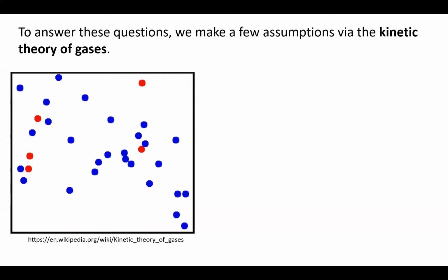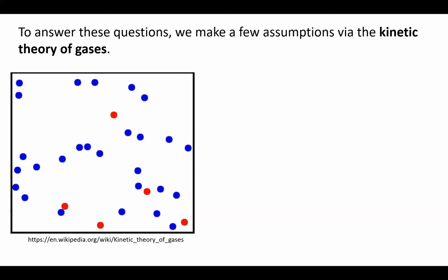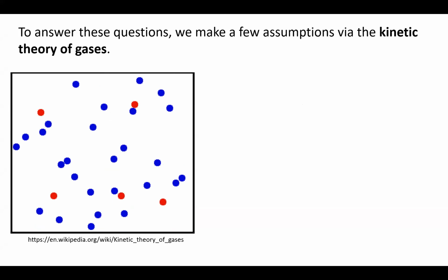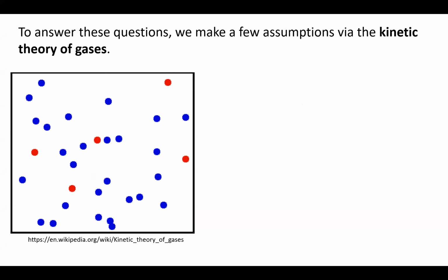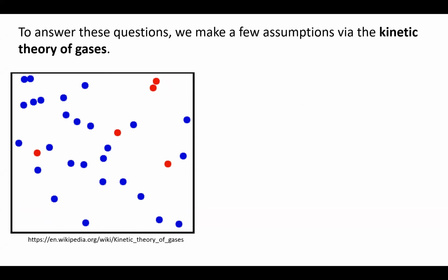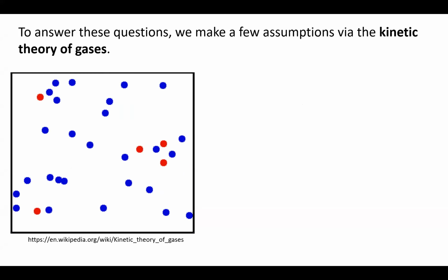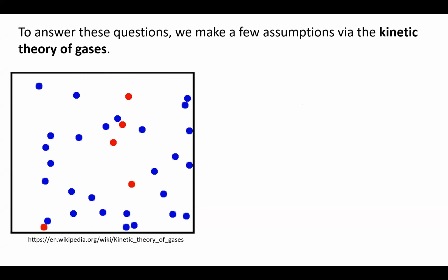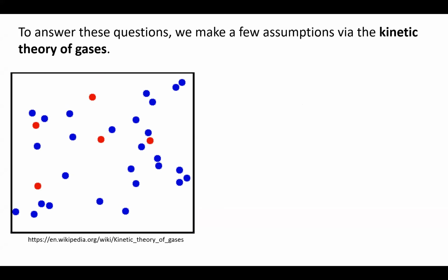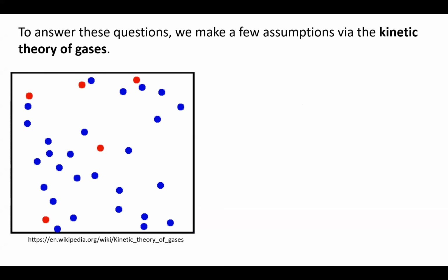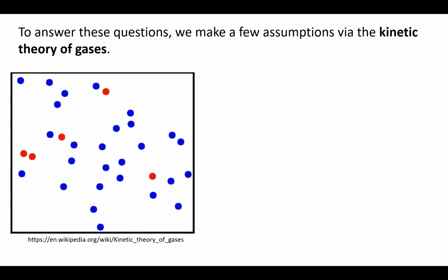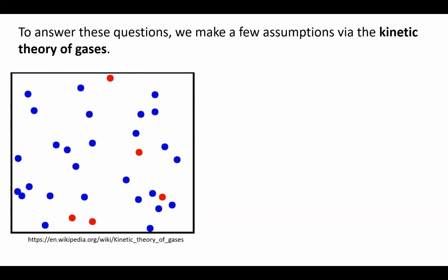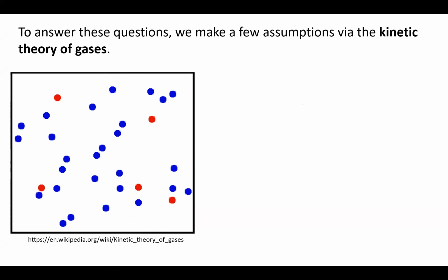And so to answer those questions, then we need to make a few assumptions about how the gas phase works. And we encapsulate these assumptions in what we call a kinetic theory of gases. And so I think most people should have heard of the kinetic theory of gases. You see a GIF here from Wikipedia that is kind of that billiard ball analogy that I was just talking about.